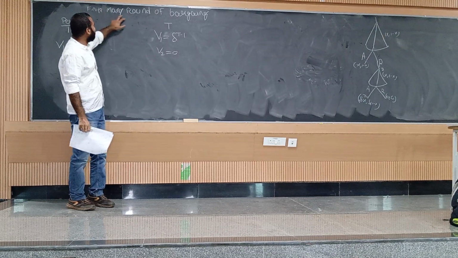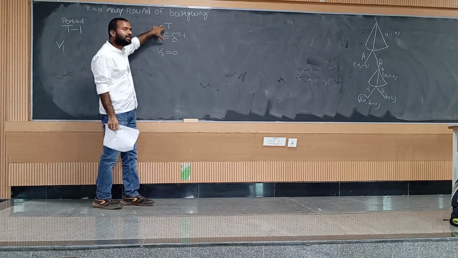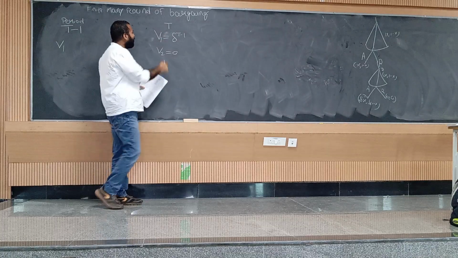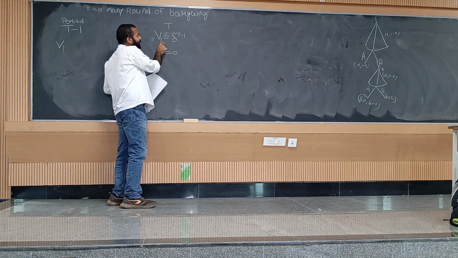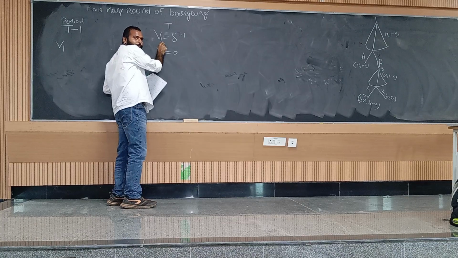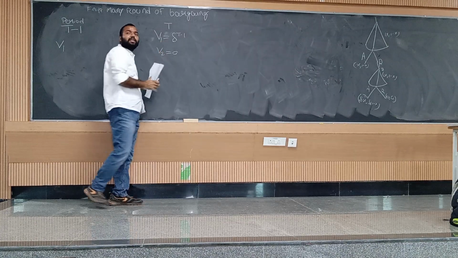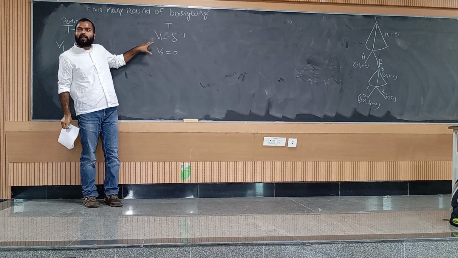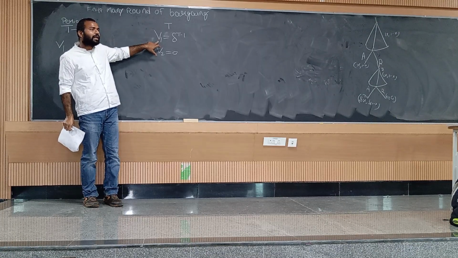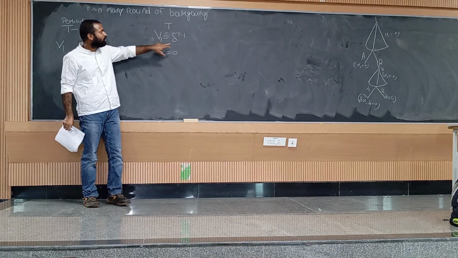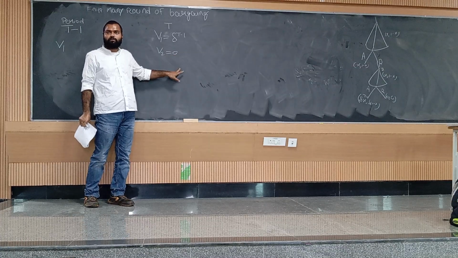We have written a finite-period round of bargaining, so I'm supposing the game will end at period T. So the payoff will look like that, because here we are supposing that player 1 is the first mover and last mover as well. If the player 1 is going to make a proposal at the end, he knows that player 2 doesn't have any other option, so he'll take everything, while he will give 0 to the other.